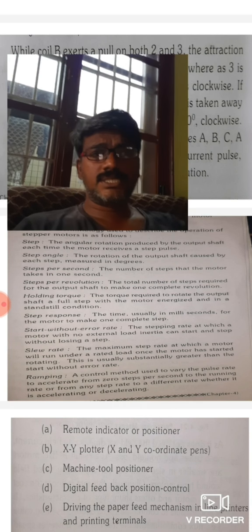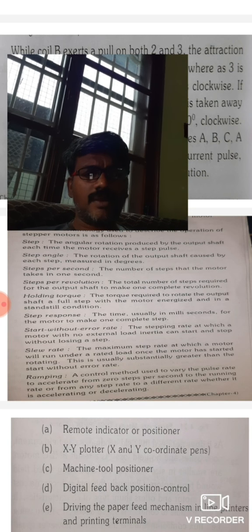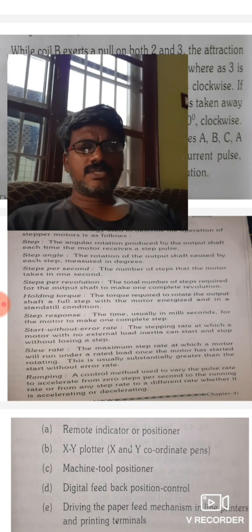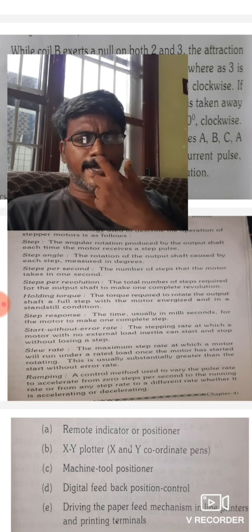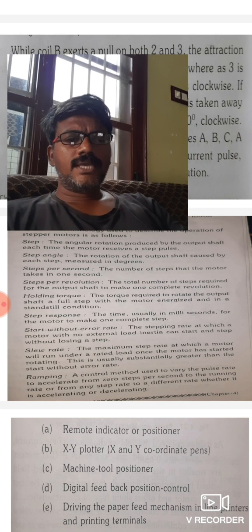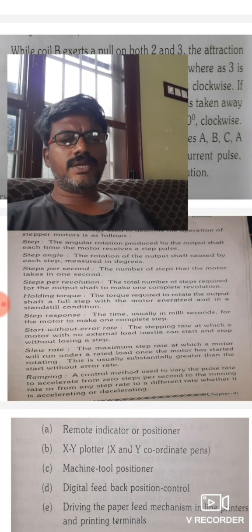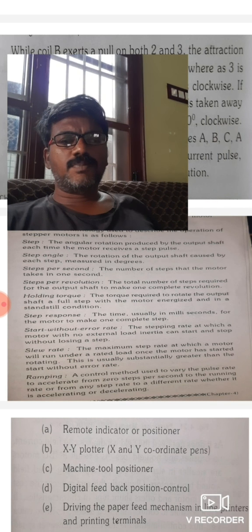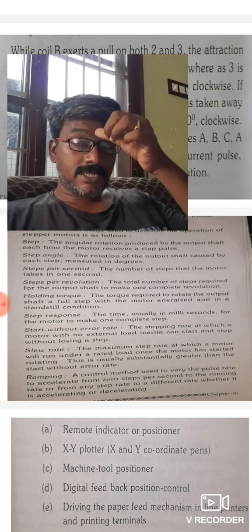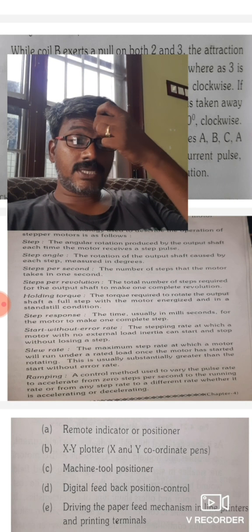So today we will discuss what a stepper motor is. A stepper motor is an electromagnetic device designed to convert a series of input pulses into discrete angular movements, one for each power pulse. That is a very important point. This is the definition.